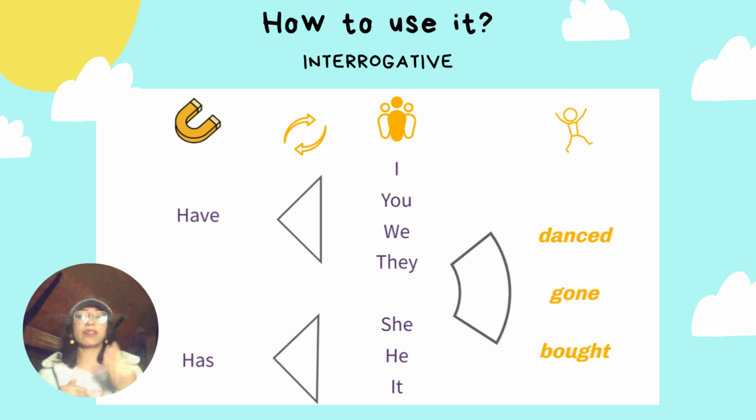And after that, for the third person, we have has. Has she danced? Has he gone? Has it buffed? And things like that. Remember to use have for the first and the second person and has for the third person, he, she, it. In that way.